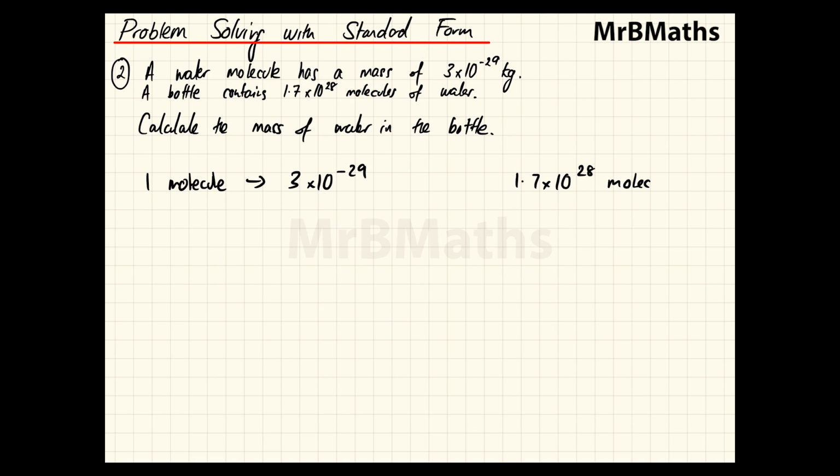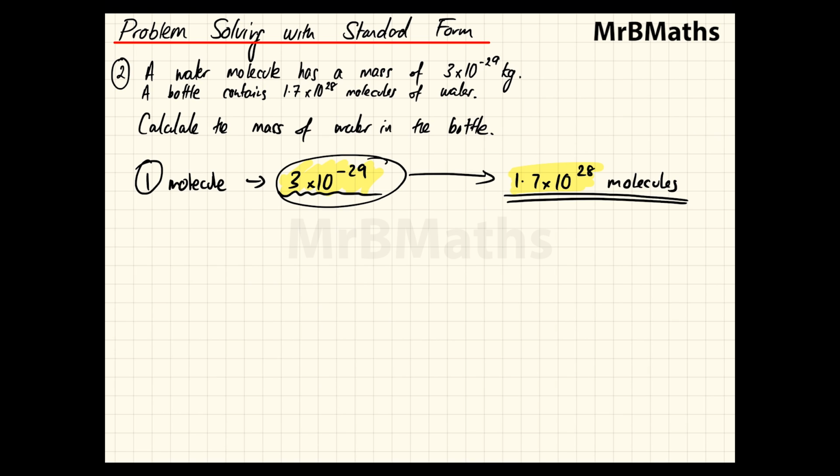So if one of them is this value, and there are a total of 1.7 times 10 to the 28 molecules, which is a lot of molecules, we're just going to need to multiply this value by this number. So 3 times 10 to the minus 29, because that's the value of 1, times 1.7 times 10 to the 28.